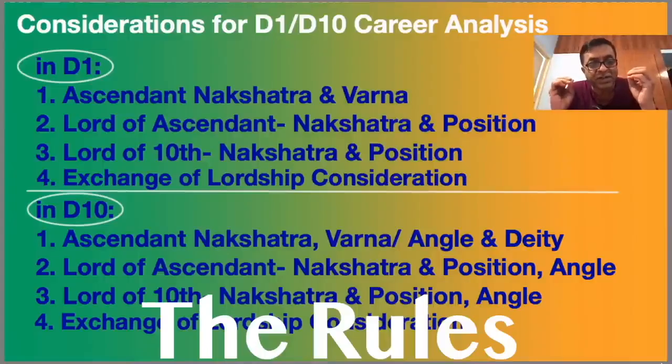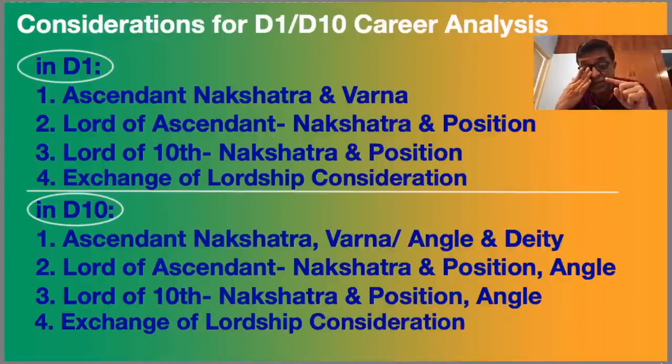In D10, what are the considerations? The above four are for the natal chart. In D10, number one, ascendant nakshatra, varna, and the angle and the deity. Remember, we spoke of this in the entire 27 nakshatras, right? So, angle and deity we will be seeing actually in the charts of real people now.